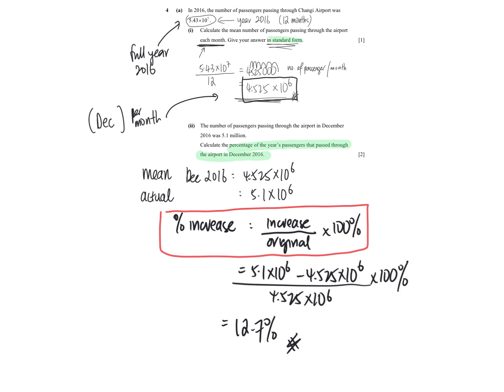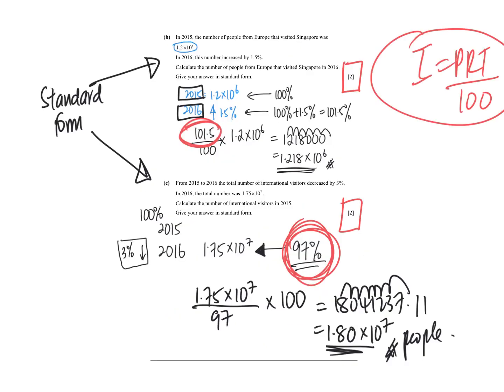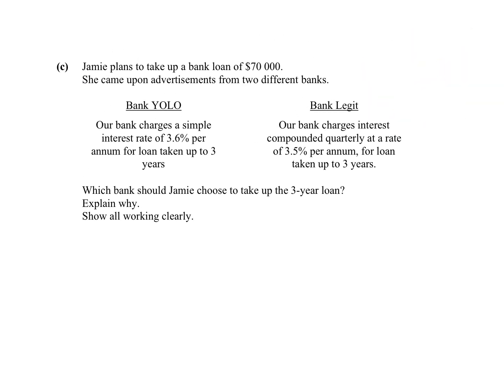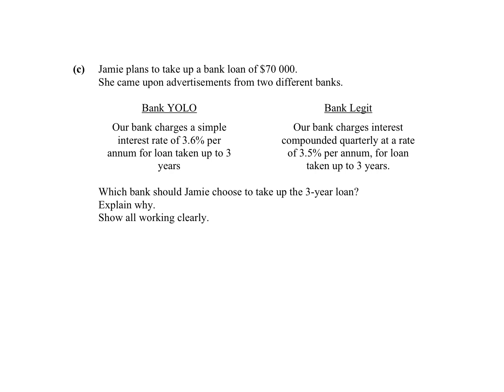9.39? Yeah. What number did I sub wrongly? Let me see. What number did I use right? Okay, question 2, bank. Look at the question carefully. This is simple interest.